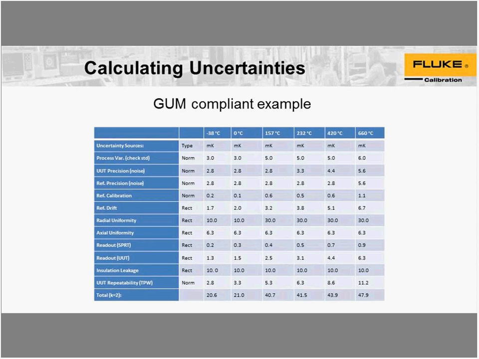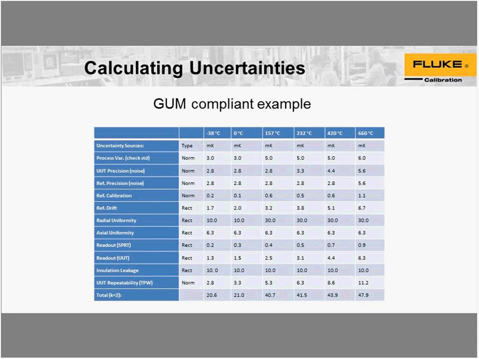Moving to the next one, some folks jump up to what we'll say is an accreditation, or 17025, or one of these higher compliance type examples. You really have to break down the uncertainty.